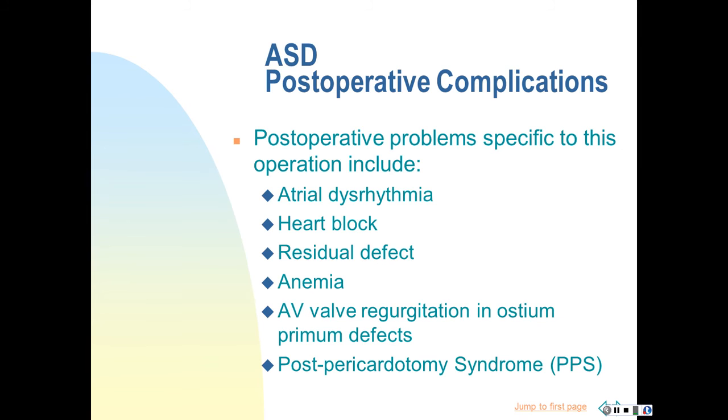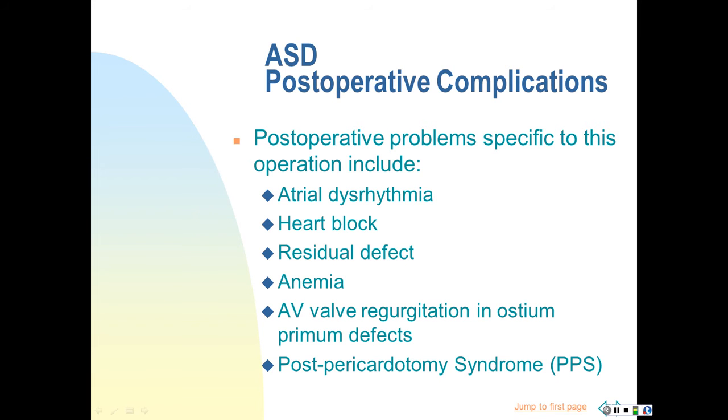Post-op complications. So now if we had to actually go in and close that hole, which means we have cut into the atrial wall. So what's important about what's going on in the atrial wall? Well, the SA electrical conduction to the AV node is in the atriums. So we might see some heart block going on.